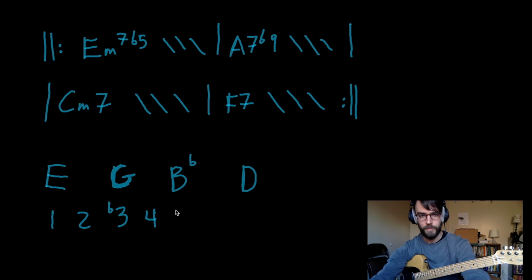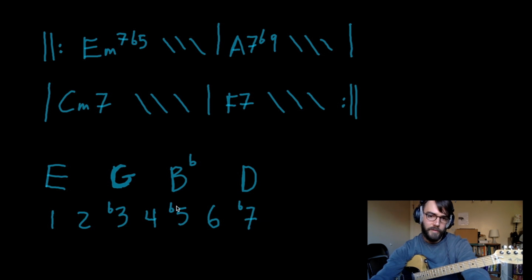The key of E does have a B natural in it, but here we have a flat 5, a B flat. So that should send up alarm bells that this is going to be the Locrian mode, because that's the only mode that exists that has the flat 5. And then the D is normally a D sharp in the key of E, so this is a flat 7.